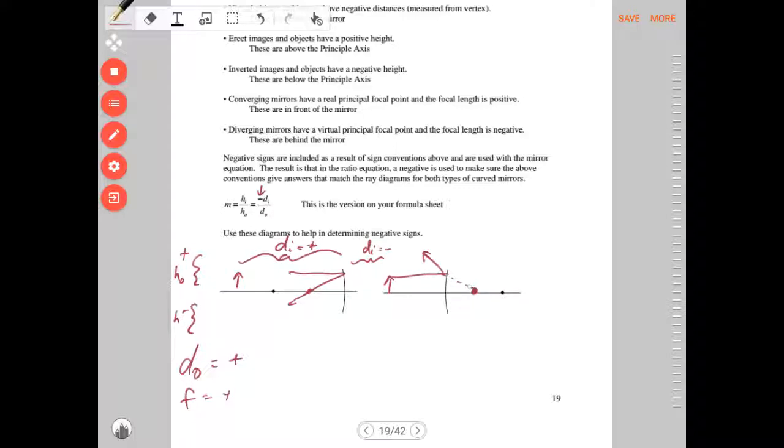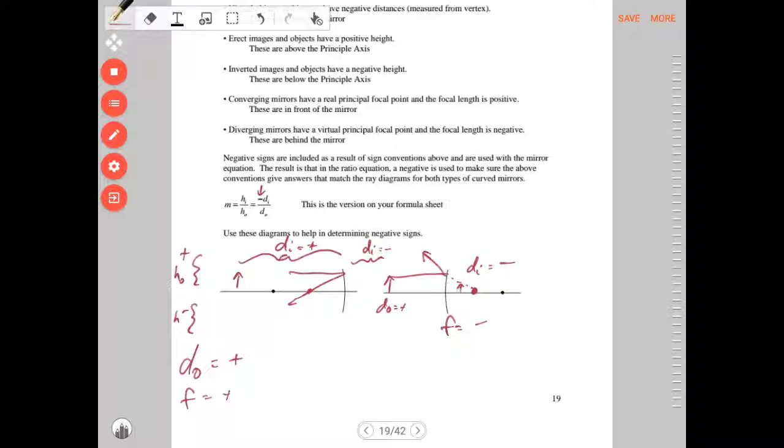The light never actually touches the focal point, so this is when the focal length is negative. Here DO is still positive. The image that's usually going to form in here would be DI being negative again. DI is negative, F is negative, DO is positive.